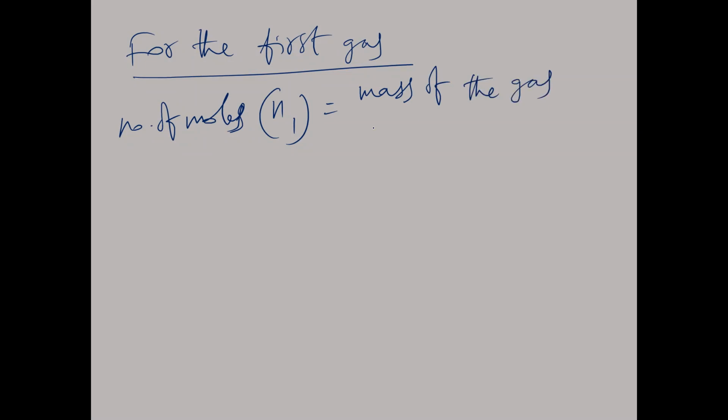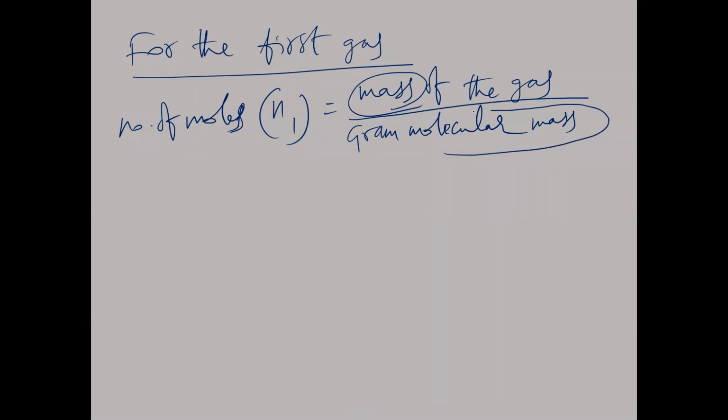Sometimes mass will be given. From mass we can calculate the number of moles: given mass divided by gram molecular weight or gram molecular mass. So mass by gram molecular mass will give the number of moles.